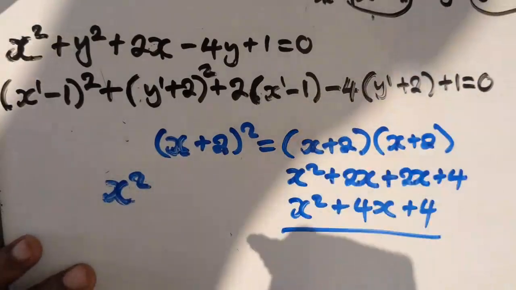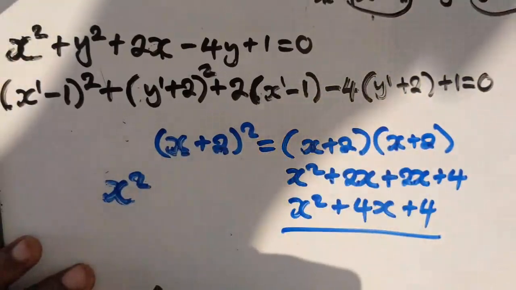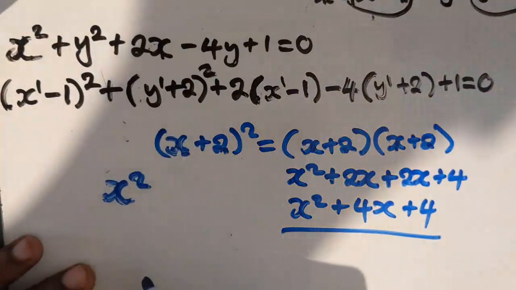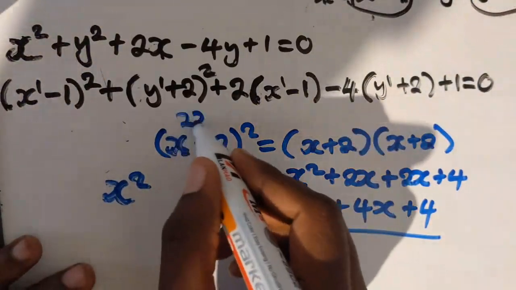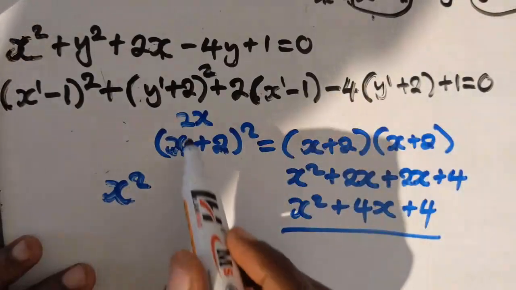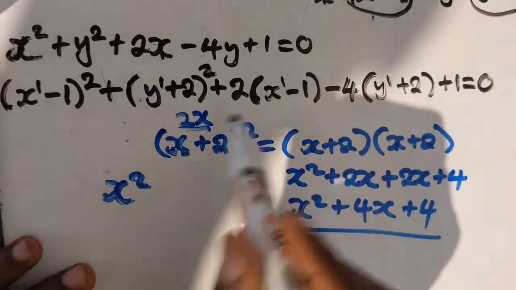Then the next thing to do is to multiply 2 times x, to multiply the second variable by the first one. So 2 times x is going to give you 2x, right? Now what you're supposed to do next is to multiply this answer by the power.